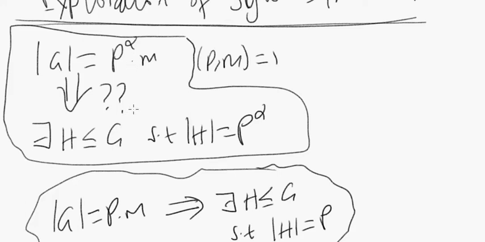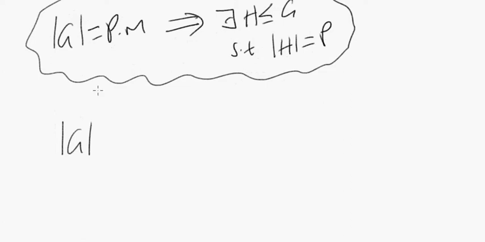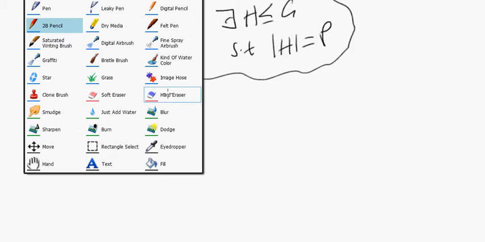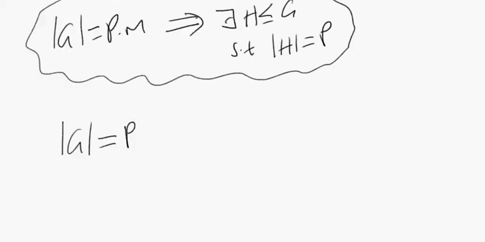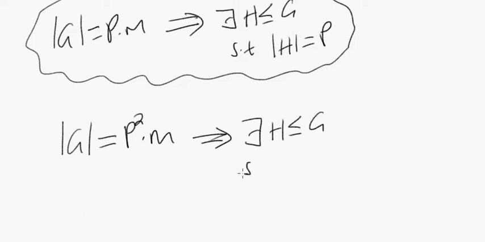Well, the most obvious one seems to be p squared times m. Let's see what happens if the order of G equals p squared times m. Can we conclude that there exists some subgroup H of G such that the order of H equals p squared? Can we conclude this?